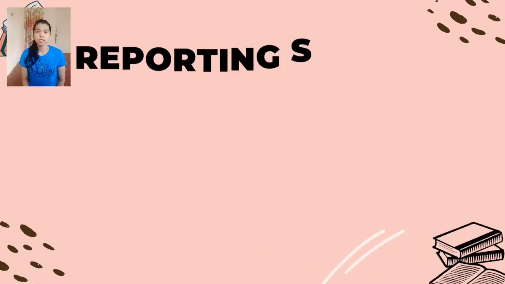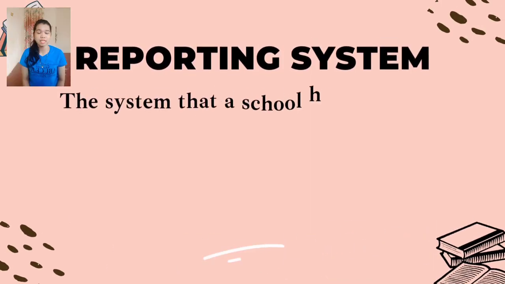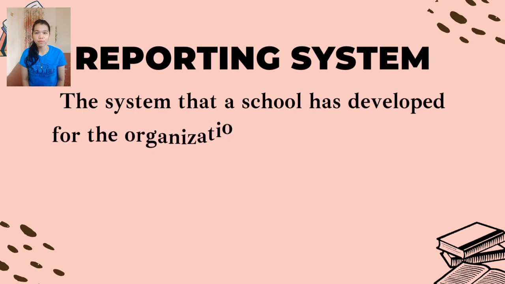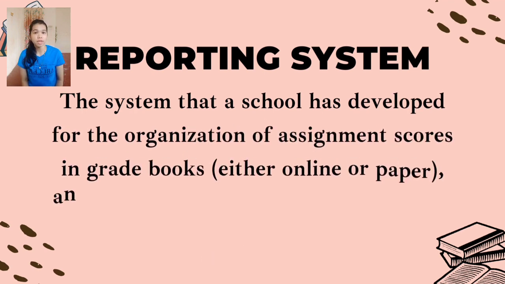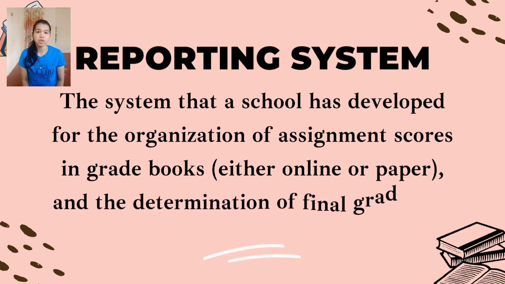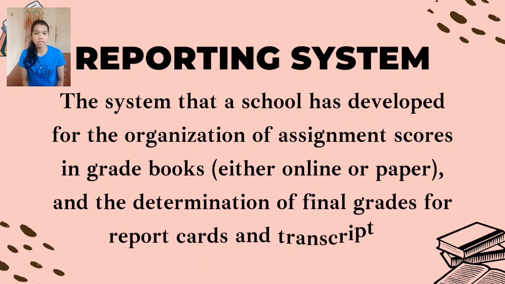Next is, what is reporting system? The reporting system is the system that a school has developed for the organization and assignment of scores in grade books, either online or paper, and the determination of final grades for the report cards and transcripts. Reporting is the process used to communicate knowledge gained from assessing student learning.